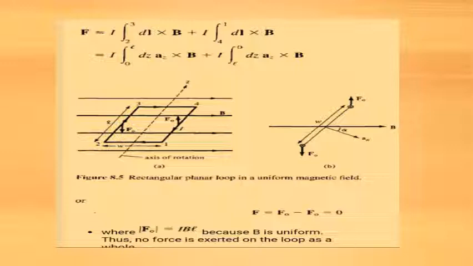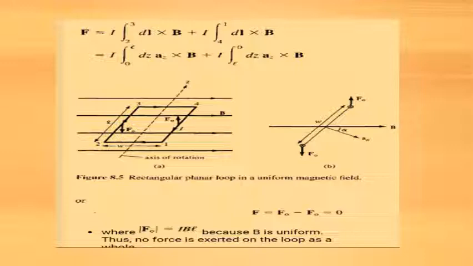This force can be taken as F equal to I line integral of dl cross B plus I integral of dl cross B. If dl is equal to dz and B is equal to B, substitute the value instead of dl as dz, and you get the following.